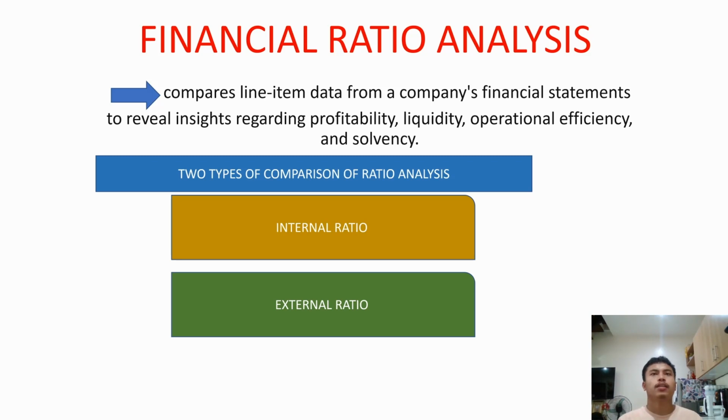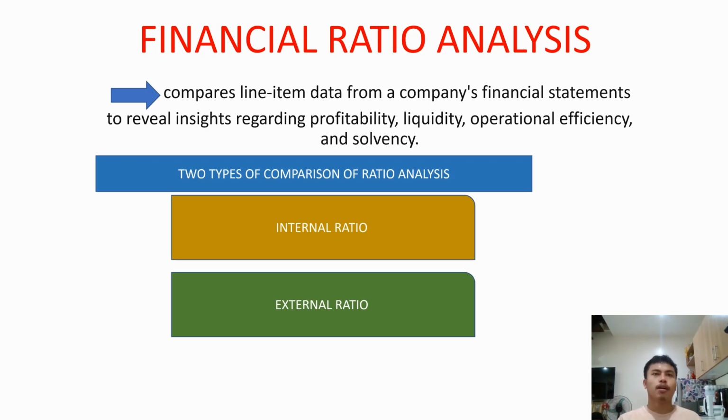The external ratio is a method involving comparing the ratios of a firm with the ratios of various firms or with the industry averages during a period. Such comparison gives insight into the relative financial condition and performance of the firm.